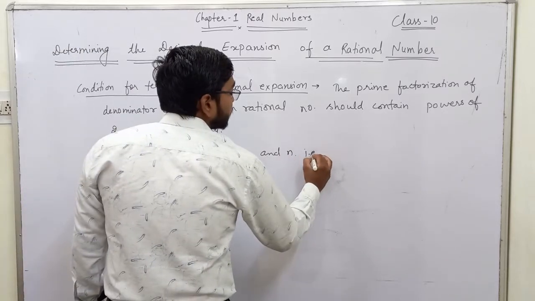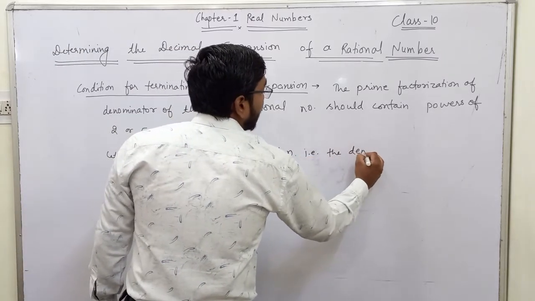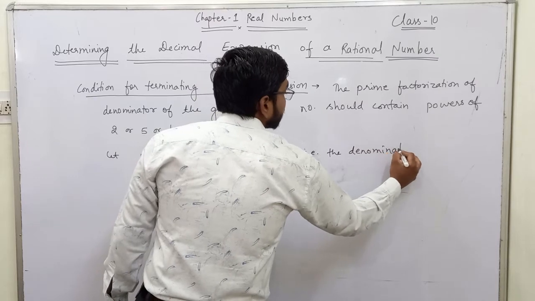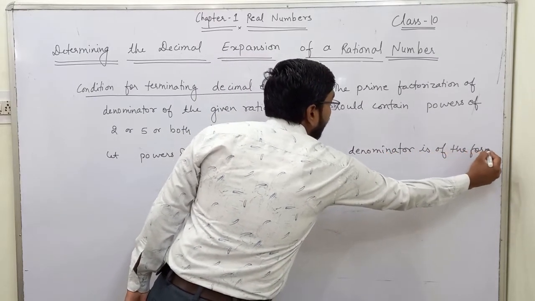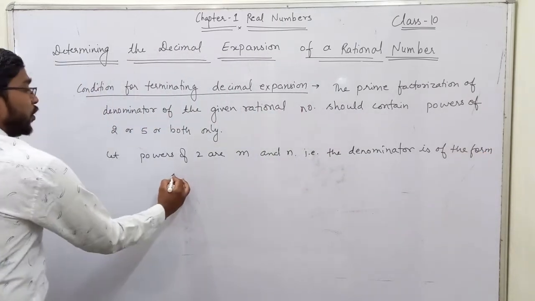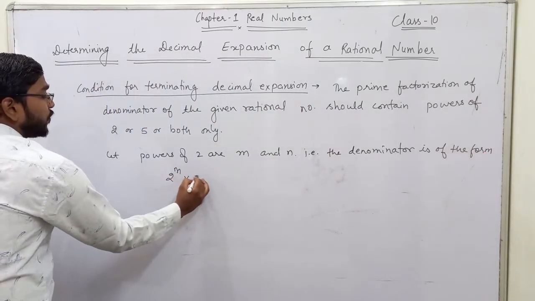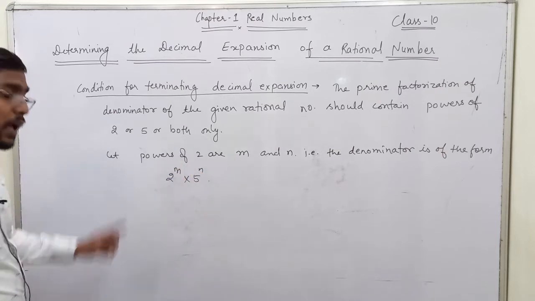That is, the denominator is of the form 2 power m into 5 power n.